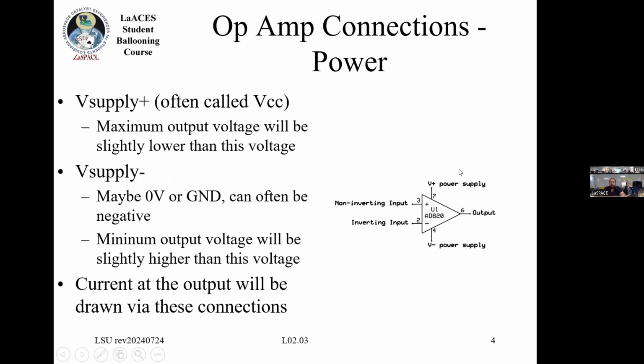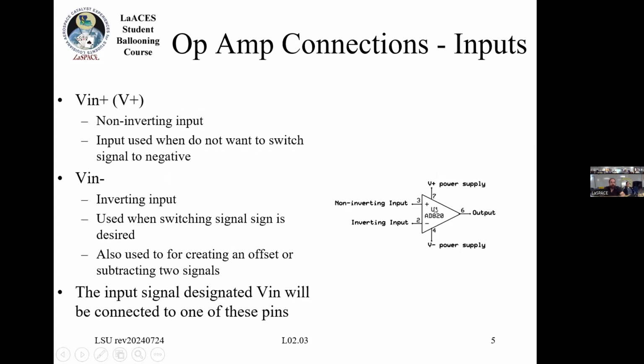You supply that current from the supply pins rather than the input pins. And then you have 2 inputs, again, plus and minus. Usually, if you just say V plus or V minus, you're talking about the inputs. Sometimes you may see that referring to the power connections, which is confusing and not great.